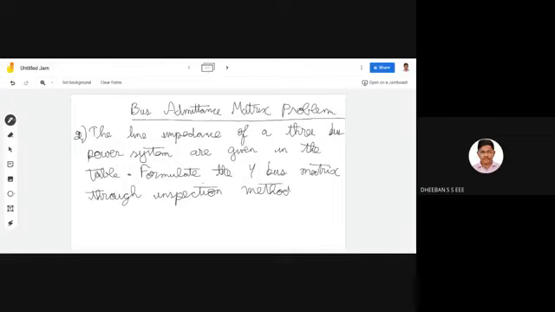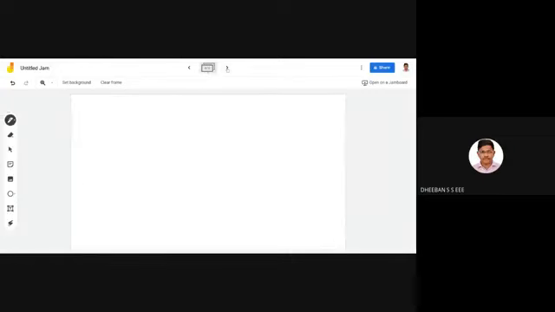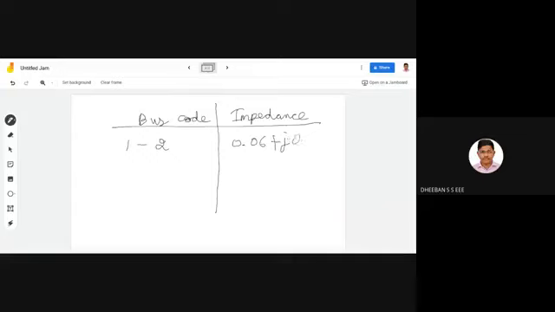So this is your table: code, followed by your impedance. From bus 1 to 2, it is 0.06 plus j0.18.